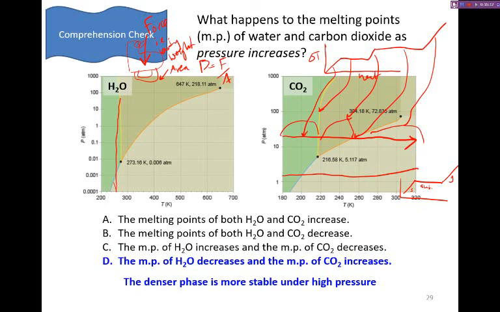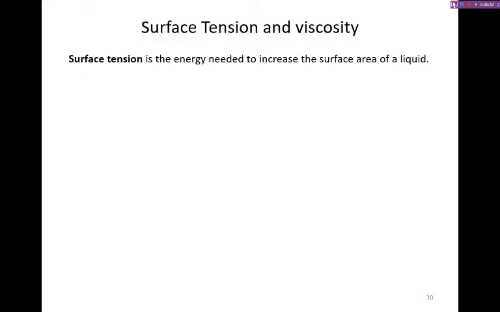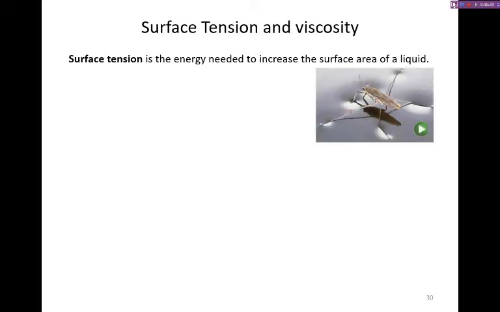Okay, let's talk about surface tension and viscosity. These are properties of liquids that arise due to the intermolecular forces involved in those liquids. Surface tension is the energy needed to increase the surface area of a liquid, which sounds just like a bunch of gibberish. But we know what surface tension is when we see it.